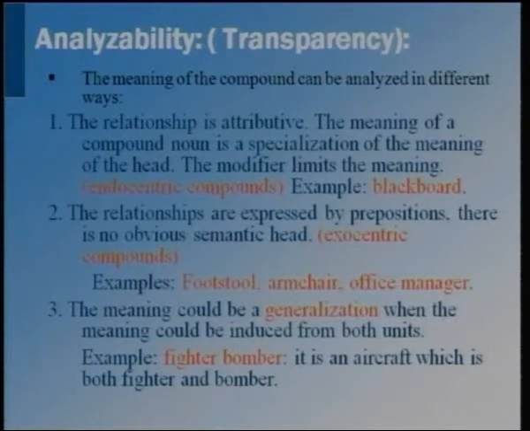This is called generalization, where the meaning is deduced from the two units, the first element and the second element. Fighter bomber, a fighter aircraft. The jets which bombard bombs or rockets or missiles on the enemies of the other side. Fighter bomber.